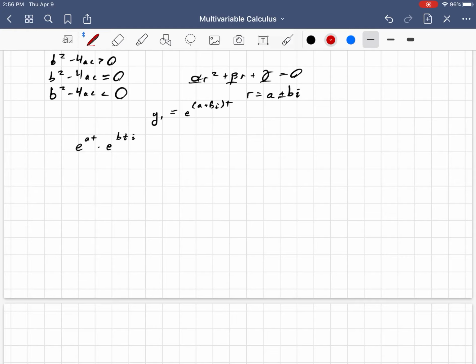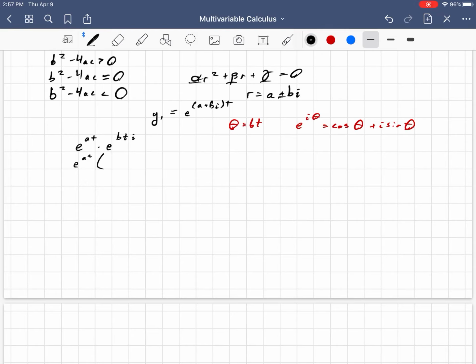I hope you remember, and I've done a video proving this without calculus, and a video proving it with calculus, that e to the i theta is cosine of theta plus i times the sine of theta. So here, theta is just bt.